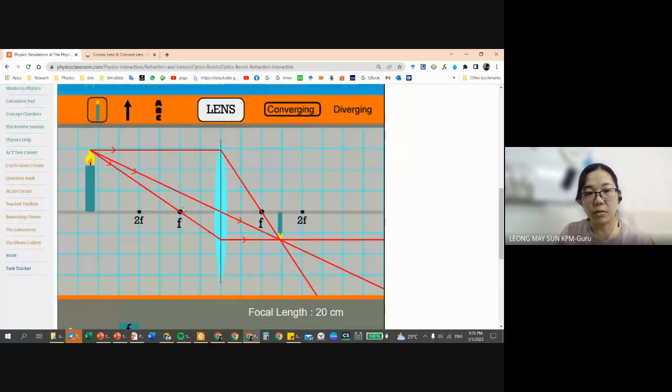The three rays that you're seeing on the screen right now are the three rays that we're supposed to draw. There are three rays from the top of the arrow. If I'm going to draw an arrow, from the top of the arrow, straight passing through the optical center, refracted through it. This is my favorite ray to draw because you don't have to bend here and bend there.